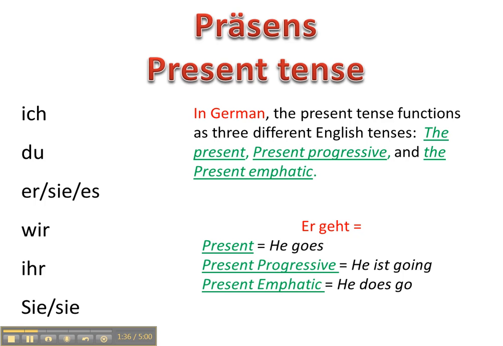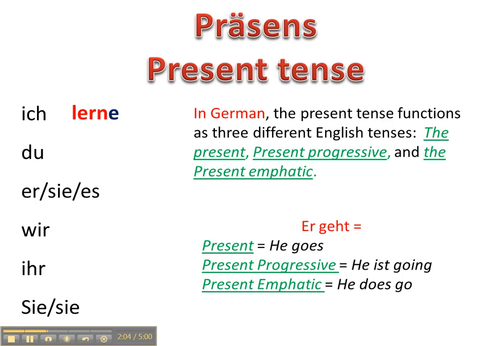This is a problem for English speakers a lot of times because we want to put ist in there. So I've often heard people who are learning German say, er ist gehen, because that makes sense to the English brain. But er geht means he is going also, and it also means he does go. And we don't use the present emphatic in English as much, so therefore it's a little bit more obscure.